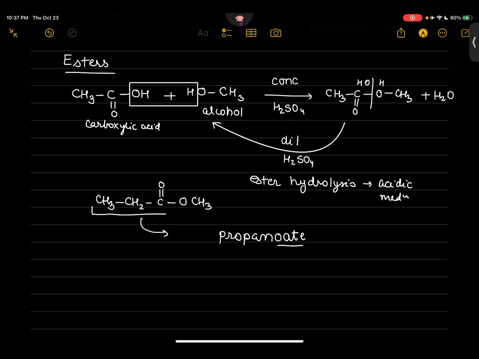Got it? And the parent chain is the one which carries the CO, because in this case we are having two groups. So most of the students get confused about which group they should take as the main one. Getting my point or not? Is it clear?